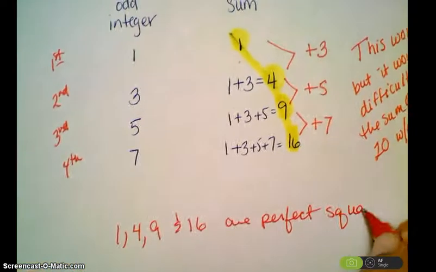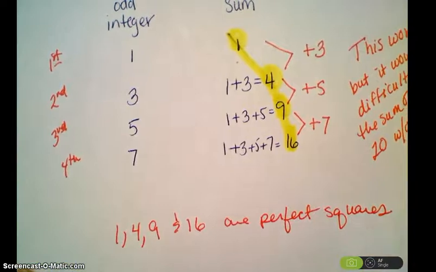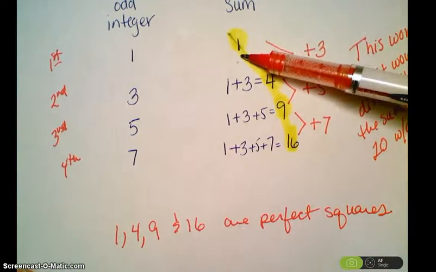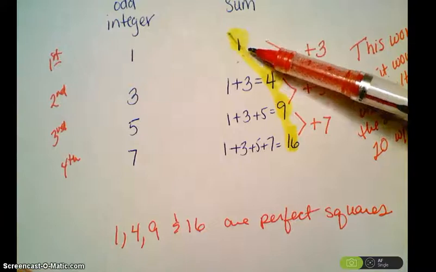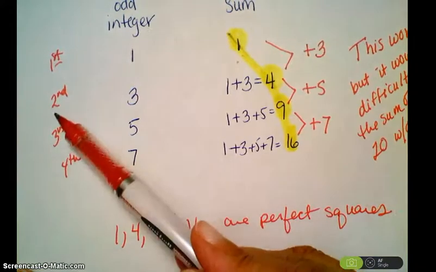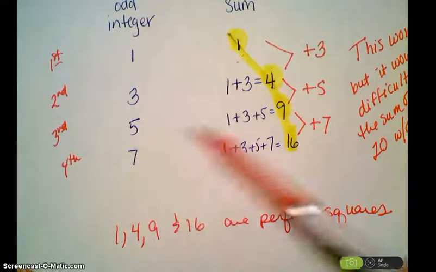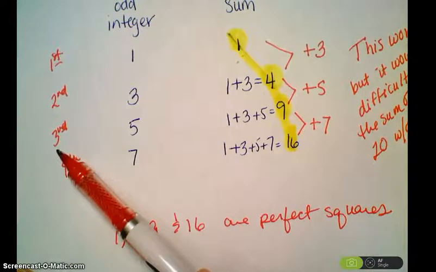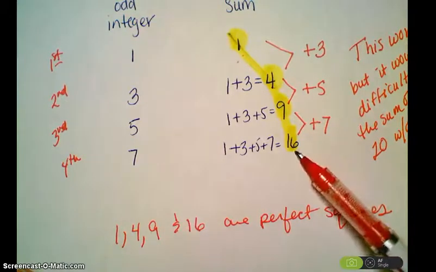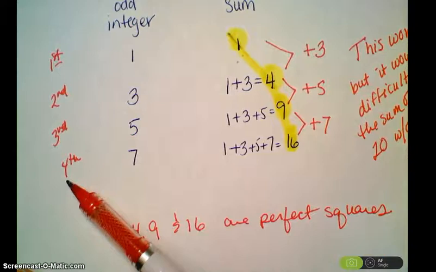You'll notice that 1, the first integer, is 1 squared. 4 is 2 squared. 9 is 3 squared. 16 is 4 squared.